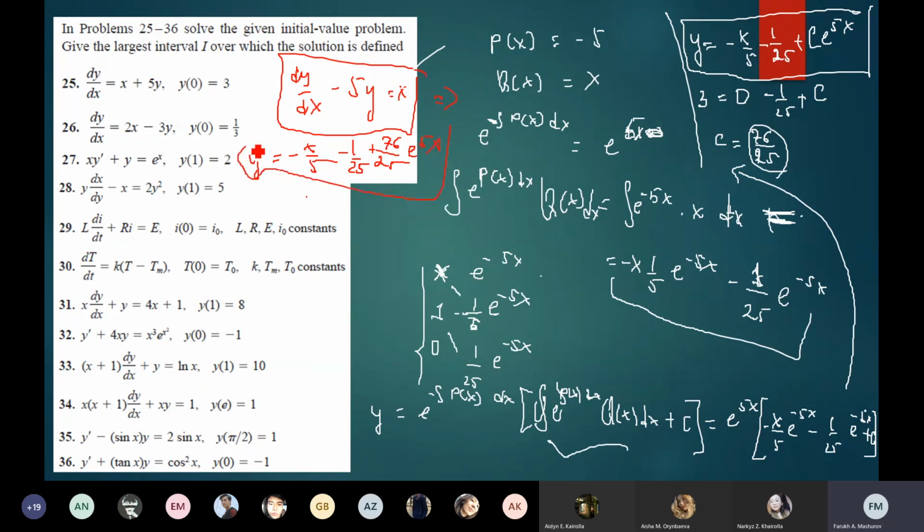So this one is the solution of this differential equation with this condition, guys. Any questions? If you don't have questions, guys, let's solve the quiz.